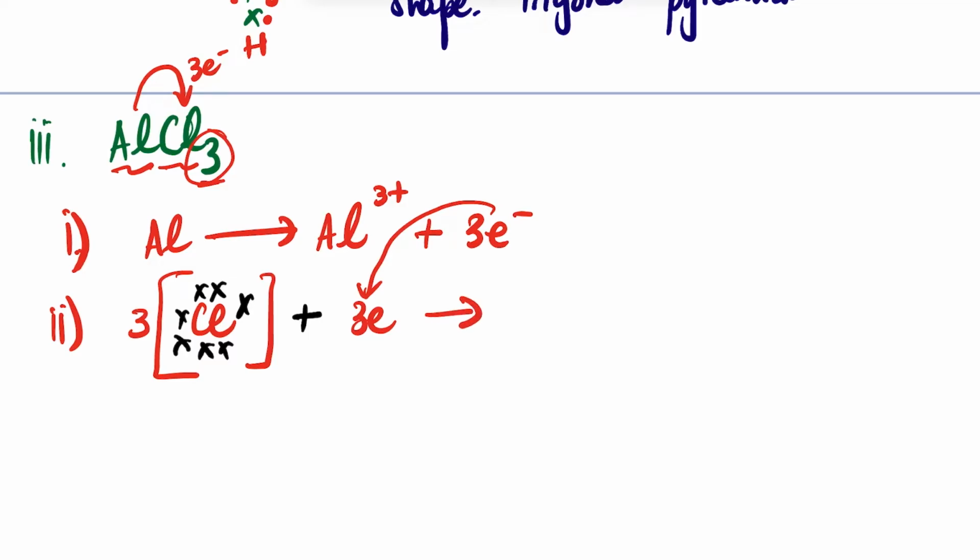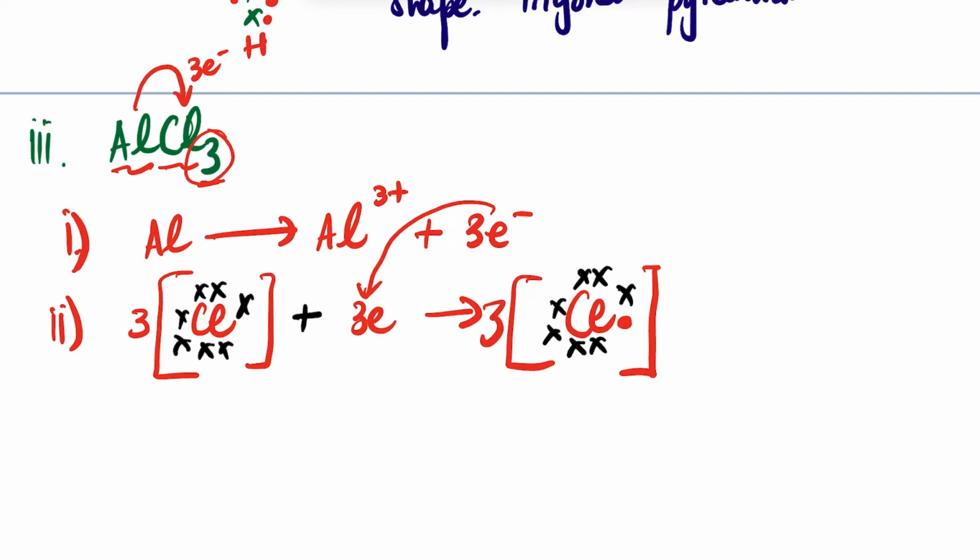So what's going to happen now? The reason I have 3 here is because there are 3 chlorines. Each chlorine will take 1 electron. So it will be something like this: Cl with the 7 electrons, plus the 1 it has received.